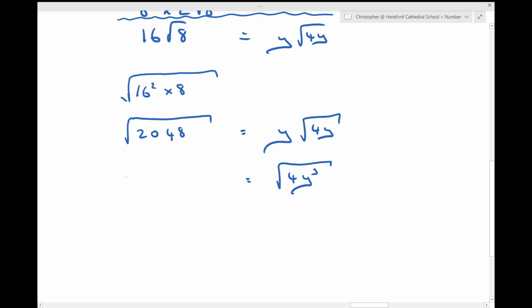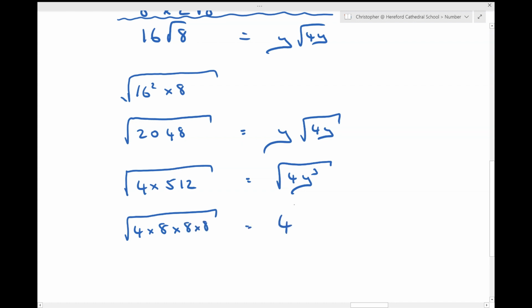Now, 4 times y cubed, that has to be 2048. And 2048 is 4 multiplied by 512. Okay, so that is 4 multiplied by 8 multiplied by 8 multiplied by 8. And that now has it in the form 4y cubed.